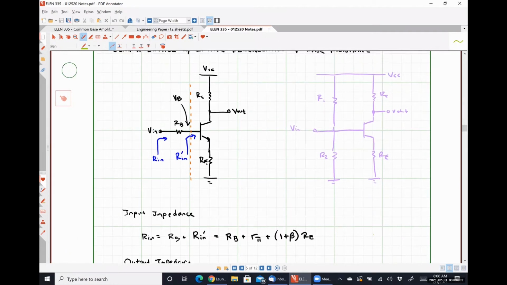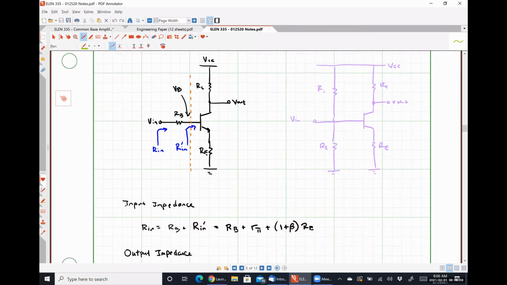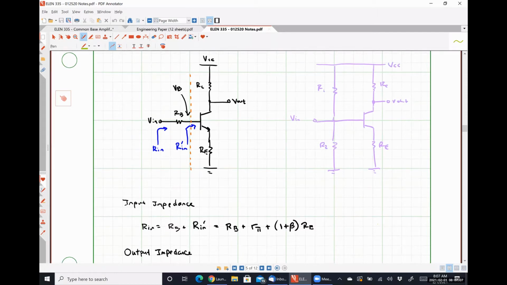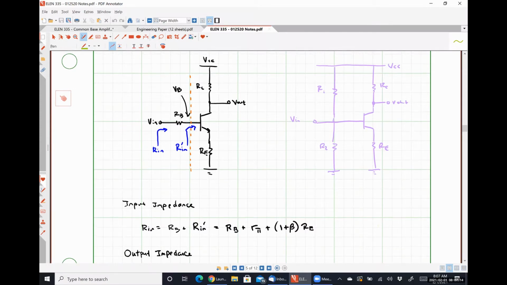Common emitter with emitter degeneration and base resistance with RE equal to infinity, but we're looking in through the emitter terminal. Sorry, I think I wrote down the wrong amplifier here.